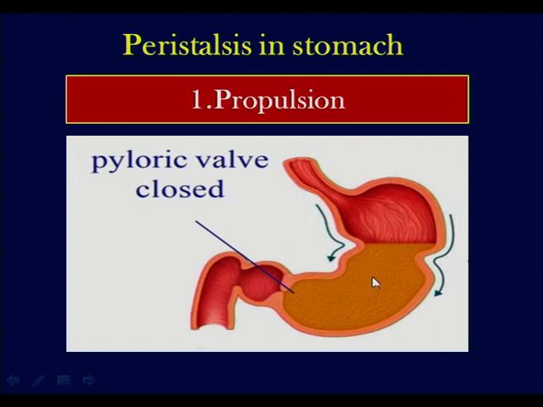This is called propulsion. Here there is a valve called the pyloric valve. This can also be called the pyloric sphincter. During the process of digestion in the stomach, this pyloric valve is closed. It does not allow the contents to enter from the stomach into the small intestine.